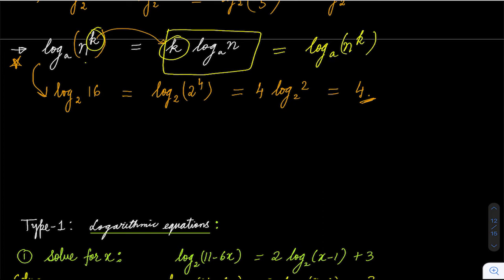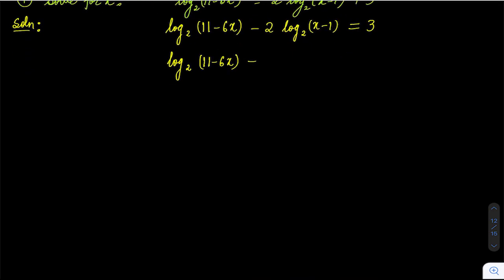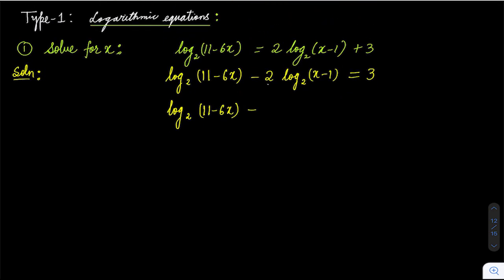So we are using it inversely. Here you can see we have a number 2 that is outside the log. So I can take this 2 and make it the exponent of the number that is x minus 1. I hope everyone understands this.